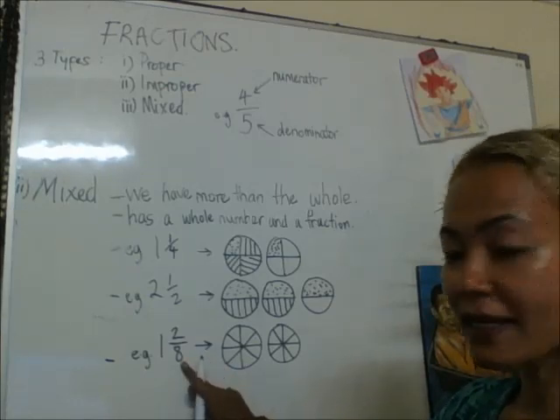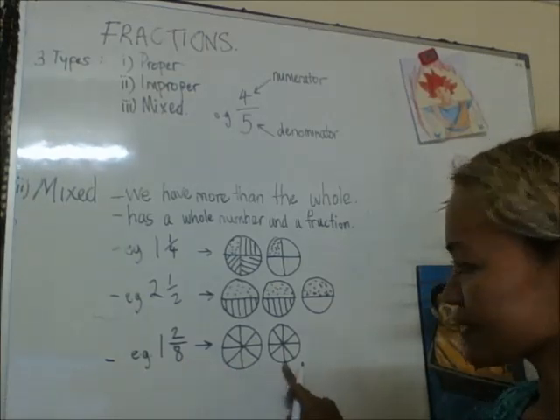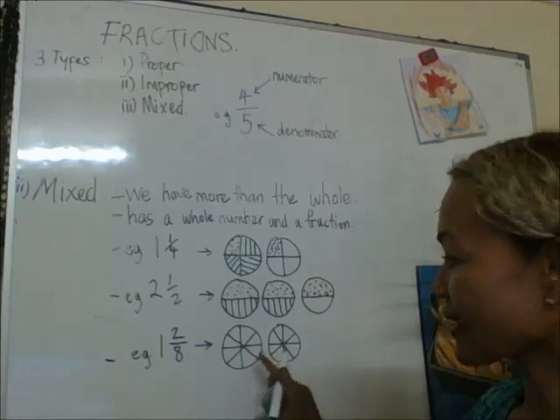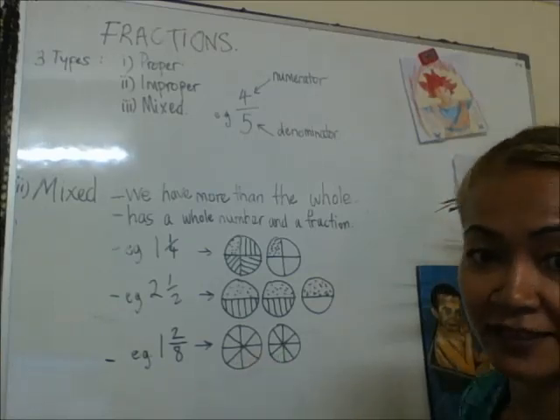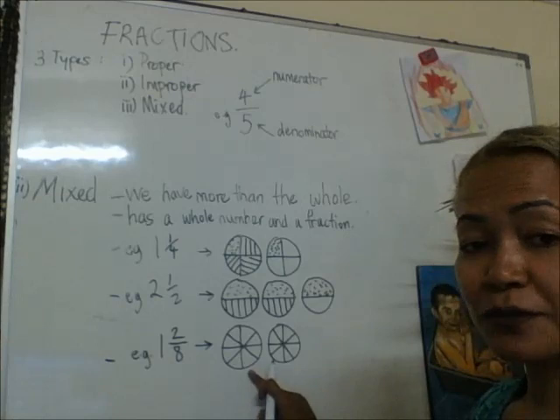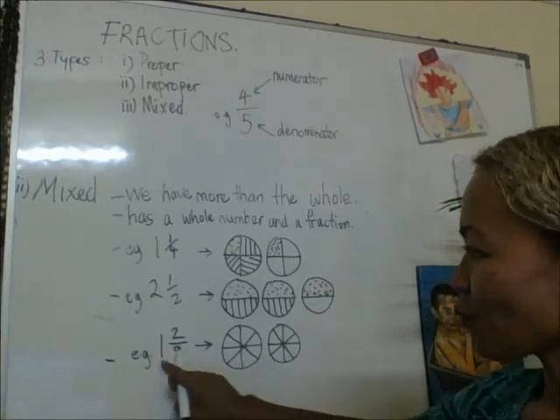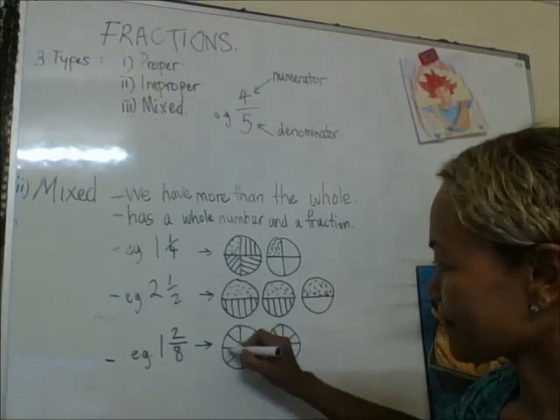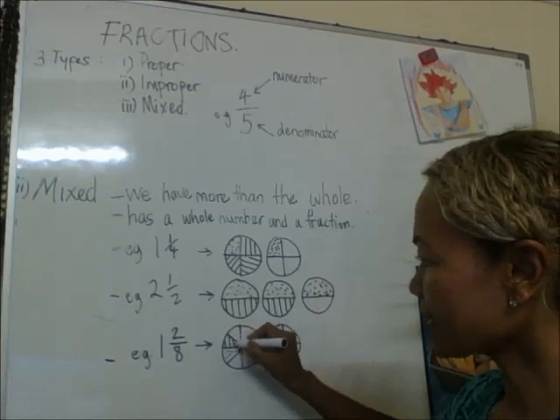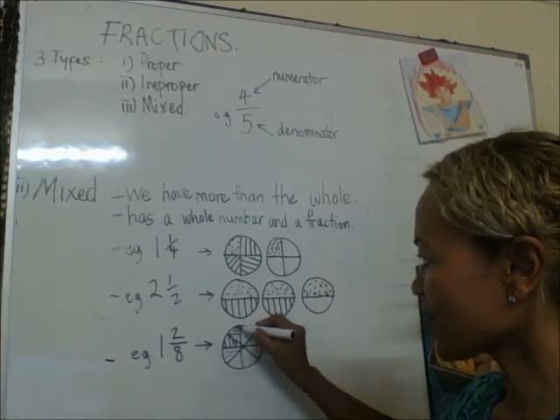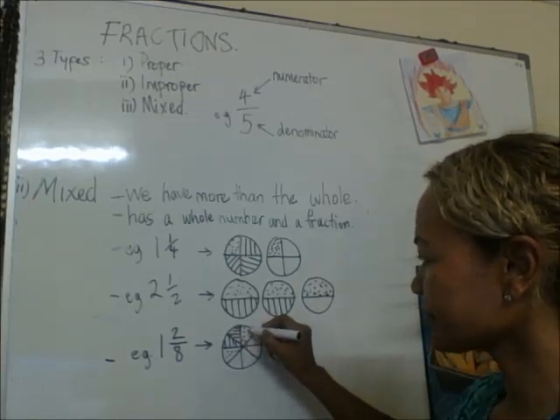Because 8 is the denominator here, I've split each of these circles into 8 equal parts. Well, roughly equal. I can't draw perfectly here. So 1, I will color all 8 parts or shade all 8 parts.